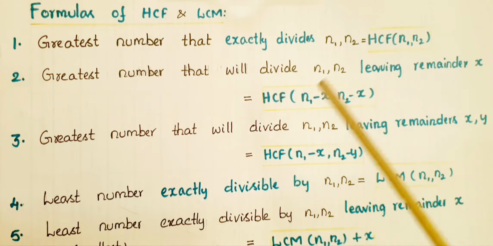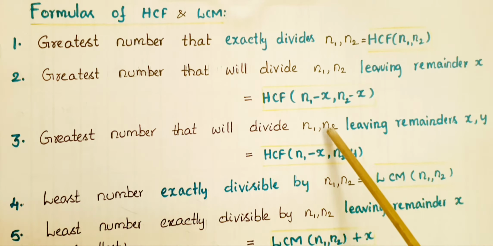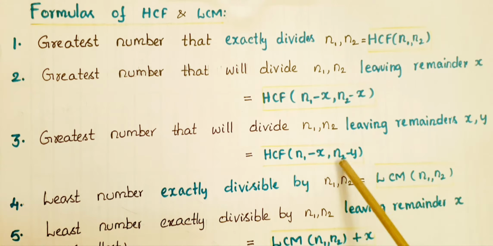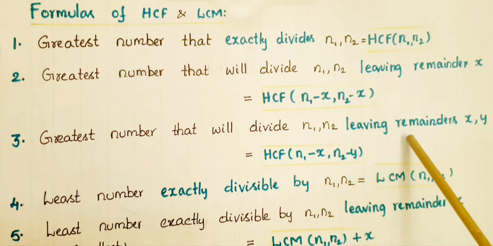For this we have to find the greatest number by using this formula: HCF of n1 minus x, n2 minus y. So first subtract the remainders from these two numbers. The first remainder is x, so n1 minus x, next n2 minus y, then find HCF. That is the greatest number that will divide n1, n2, leaving remainders x, y.